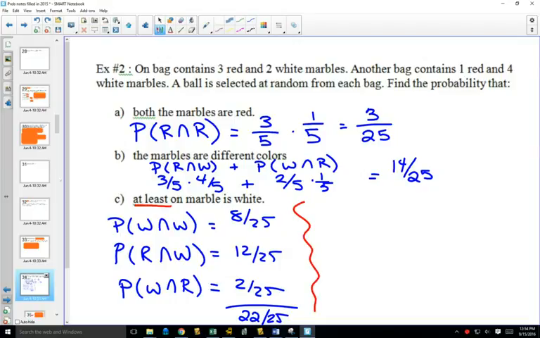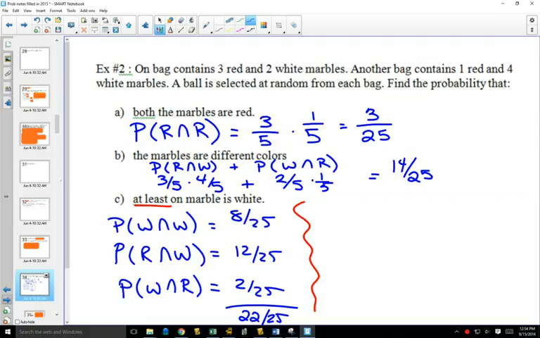When you have the word at least, that's also a place where the complement, thinking of the not, whatever is not supposed to happen, might be quicker than counting our cases. So what's the opposite of at least one white? No whites, all reds.